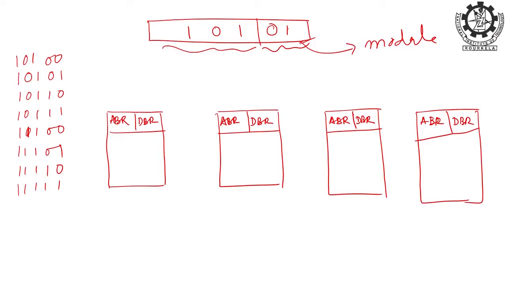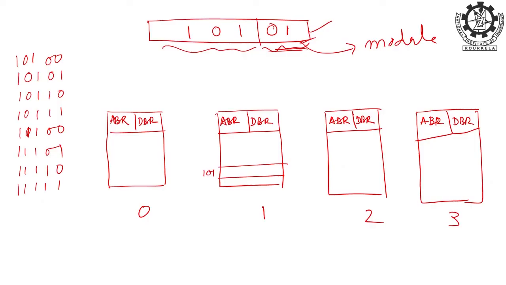Okay. So, now what will happen? This part will identify the memory module. So, this one is 01. So, this is 0, this is 1, this is 2, this is 3, and this one will identify 101. So, 101 means the location within the module. Now, the CPU will first tell this is the word I want.